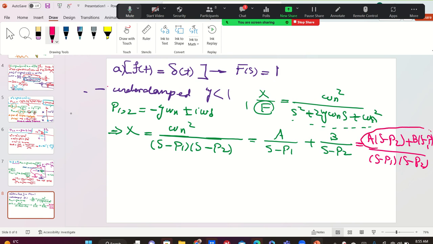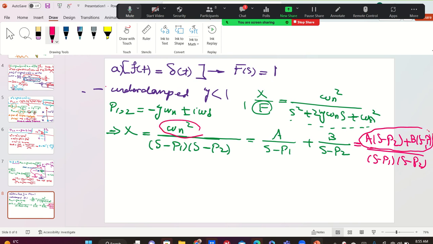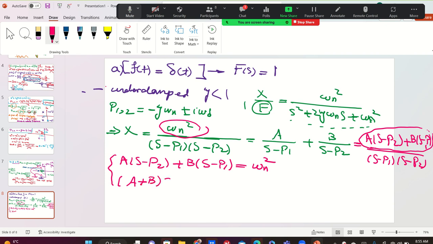This is equal to omega n square. So if I write this, it's going to be A(s minus P2) plus B(s minus P1) is equal to omega n square. If I reorder it, it's going to be (A plus B)s plus (B P1 minus A P2) equal to omega n square.